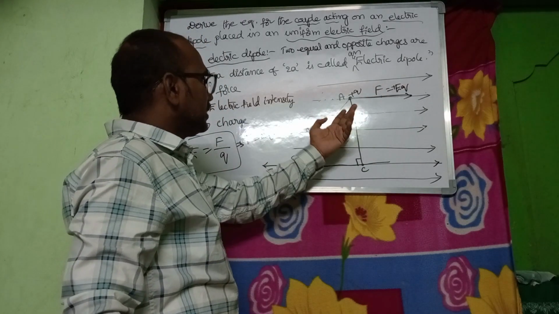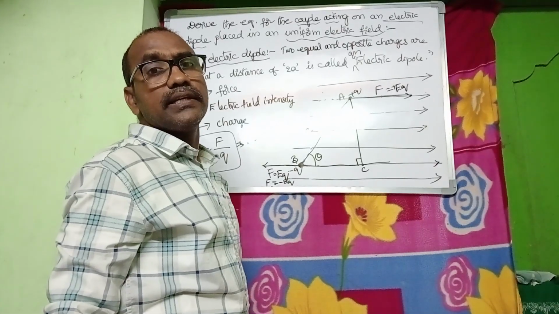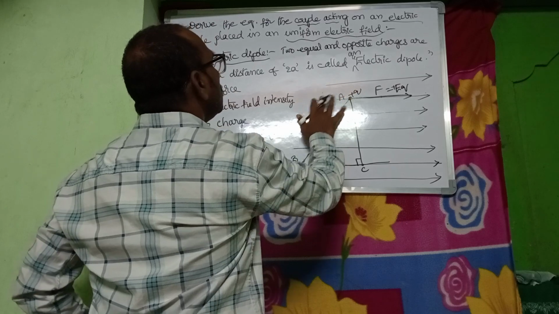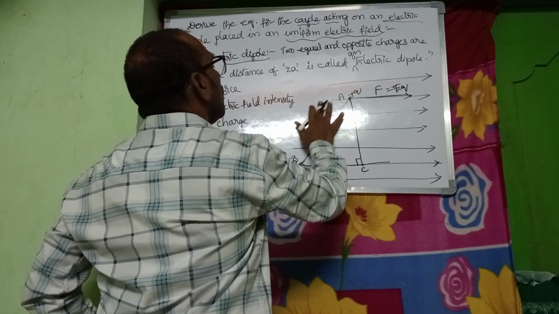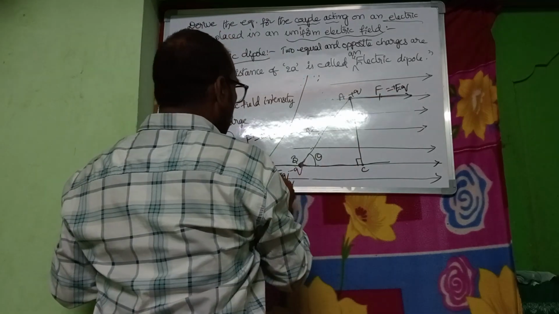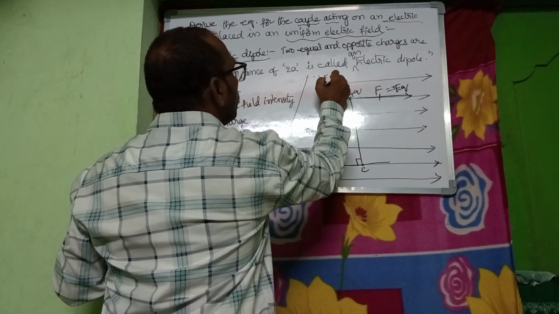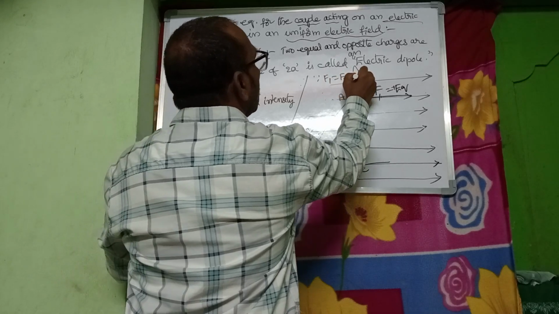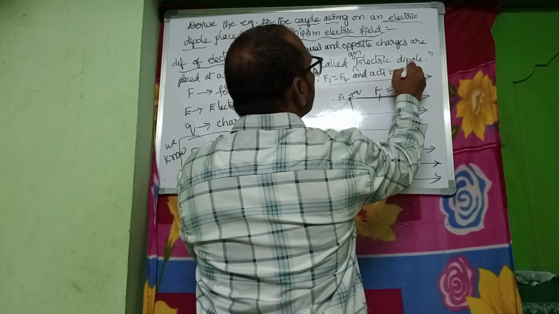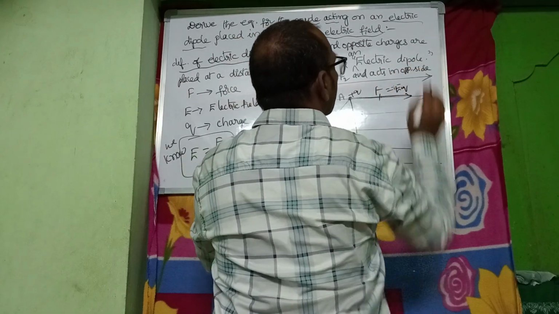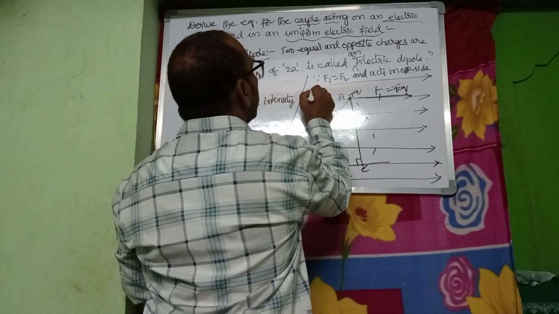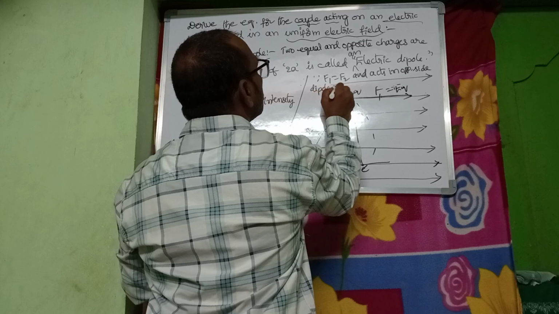Since F1 equals F2 and they act in opposite directions, the electric dipole rotates in the clockwise direction like this.